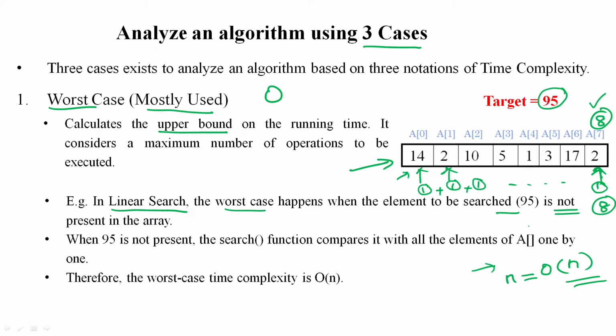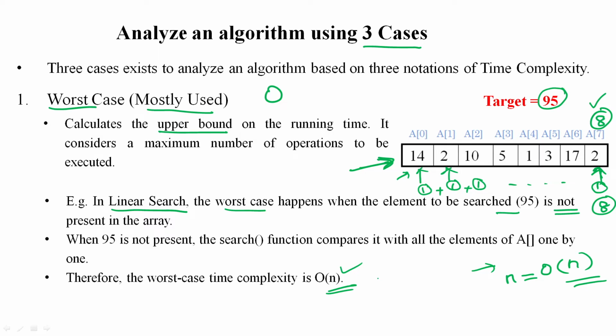Worst case means it checked all the elements in the given array to search whether the given element is available or not. If the element is not available, then the worst case time complexity is the maximum time consumed by the algorithm.